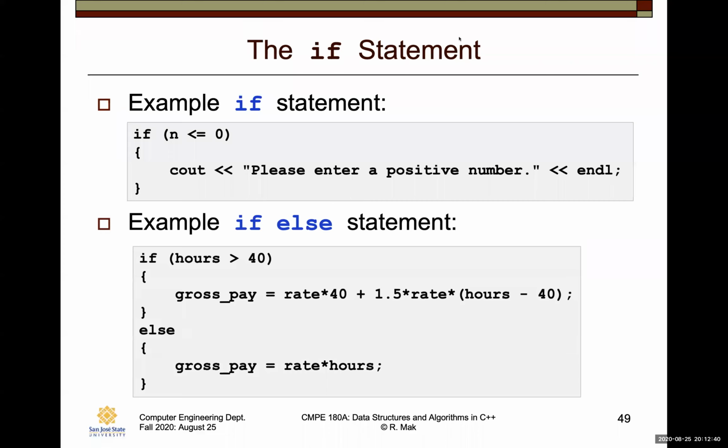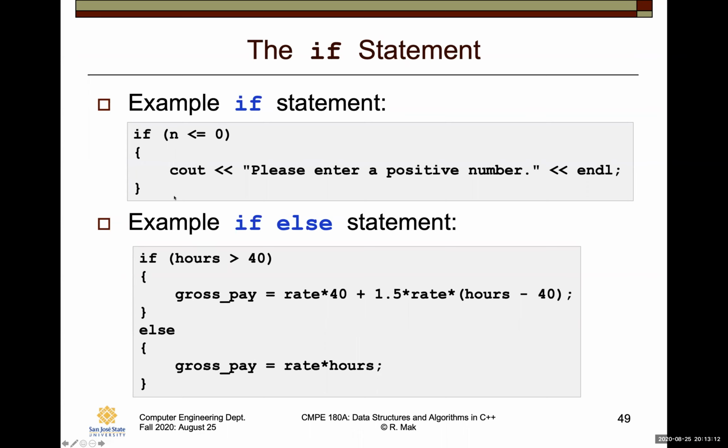Now an if statement can also have an else part. Now you're saying what to do both when the expression is true and when it's false. So here it says if hours is greater than 40, then you want to execute this statement. Else you execute this statement. So if hours greater than 40 is true, you execute this statement, and if it's false, you execute this statement.